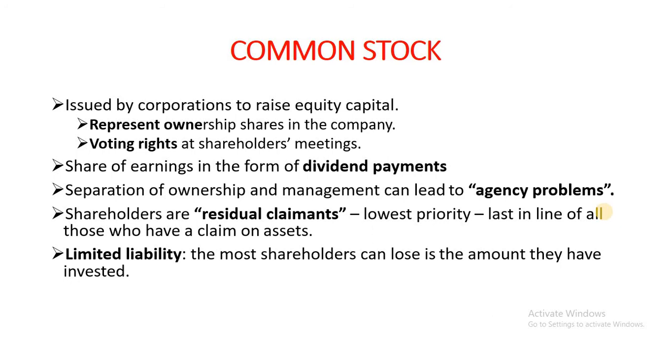However, common stockholders have limited liability. It means investors in common stock will not lose more than they have invested in the business. And finally, common stocks have no maturity.